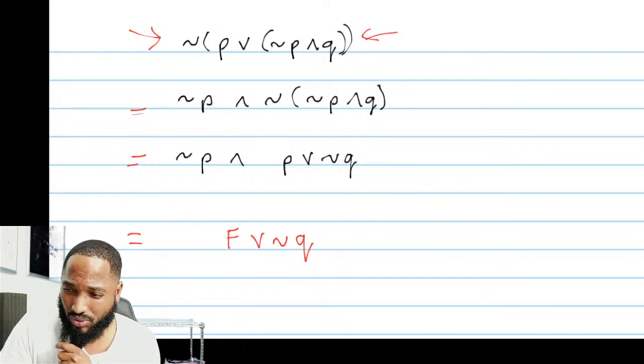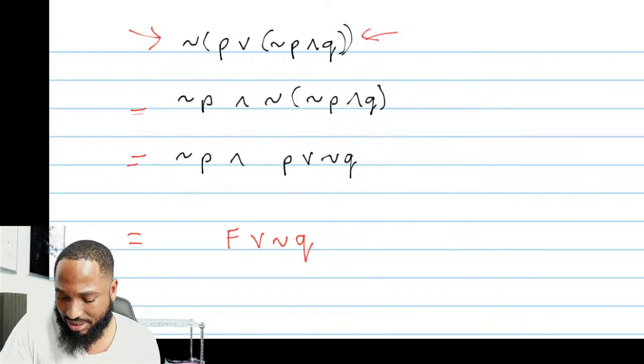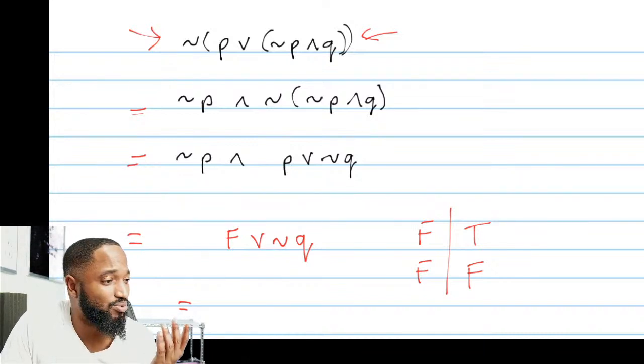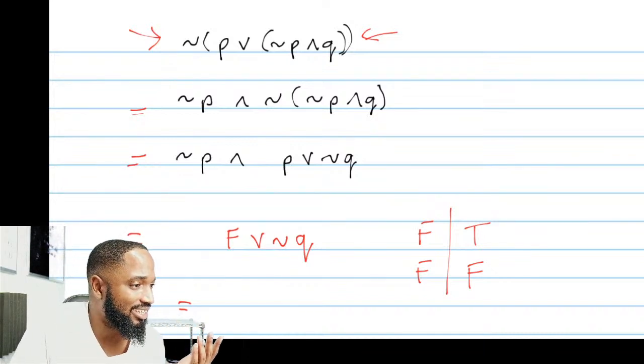So this is really false or not Q. So let's say it's TF now. So you really don't know what happened at the end of the day here.